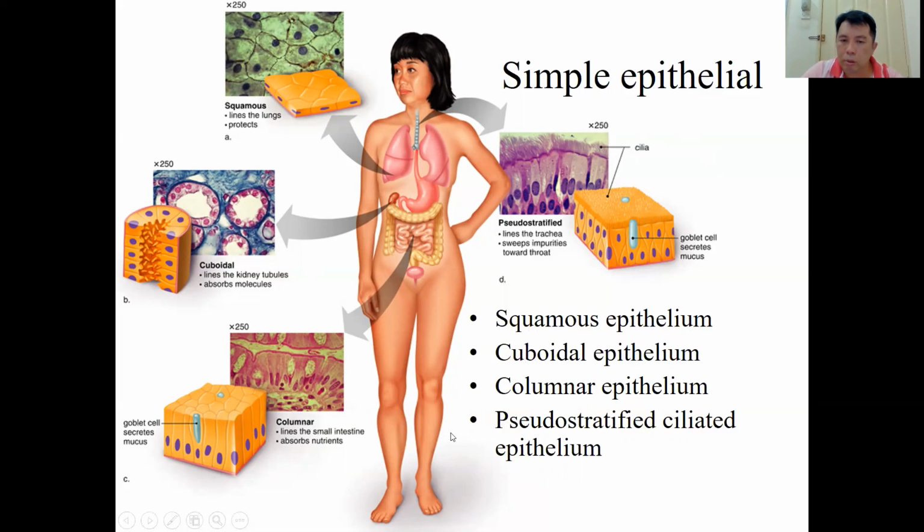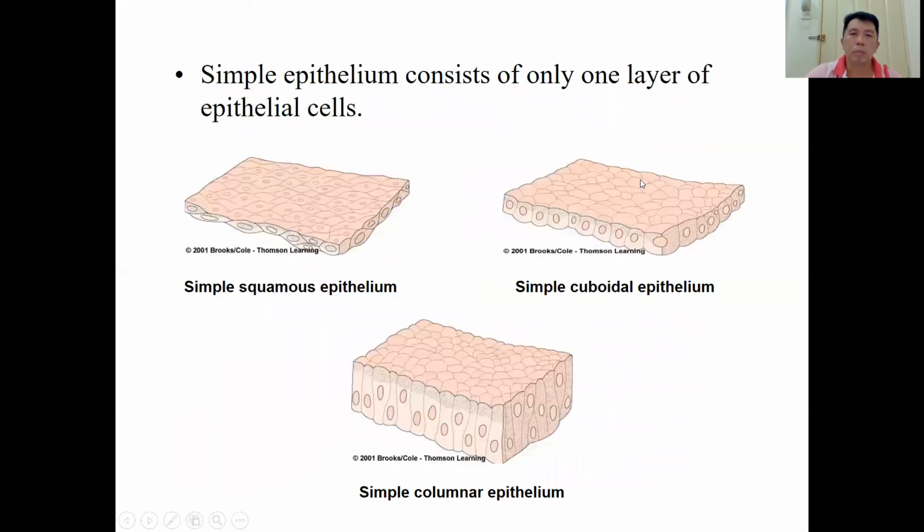Then there is pseudostratified ciliated epithelium, which you don't need to call simple. It is ciliated because on the apical surface of the epithelial cells they have cilia. Simple epithelium consists of only one layer of epithelial cells.